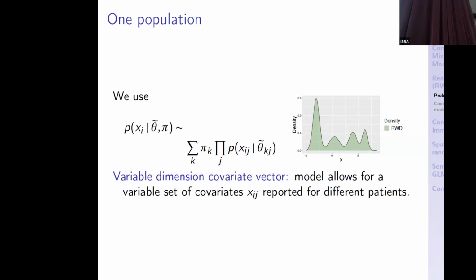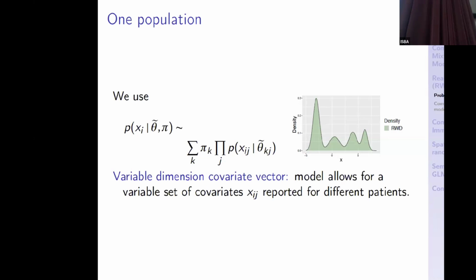But the important trick here is if the covariate is missing for some patients, and in the case of our example, there was a biomarker that we only figured out in recent years was important. So earlier studies would just not record this biomarker because they didn't know about it. If you're missing a covariate, then you simply skip that factor in the product. That's all. You don't impute or anything. Like no MICE or whatever.